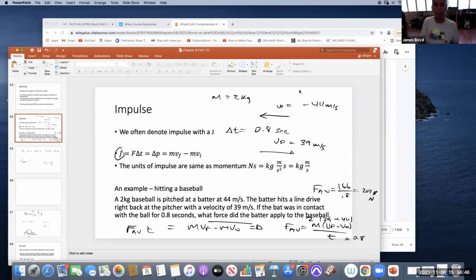So, a 2 kilogram baseball is pitched at the batter at 44 meters per second. The batter hits a line drive right back at the pitcher with a velocity of 39. So you need to know that those two are in opposite directions. Yeah. But how do we know which one gets the negative? It doesn't matter. You can choose whichever direction you want to be the negative. You just have to know that the momentum completely changed. It completely went in the opposite direction.